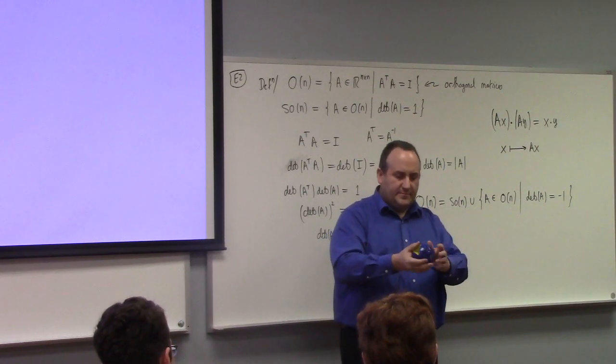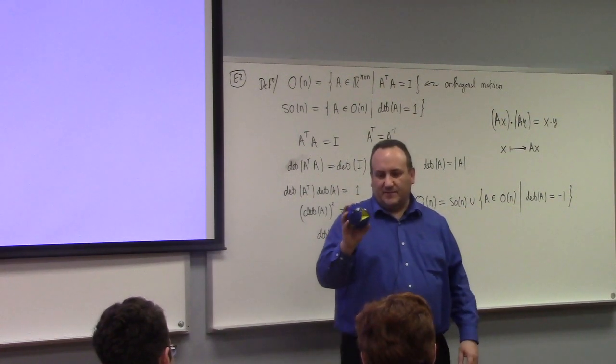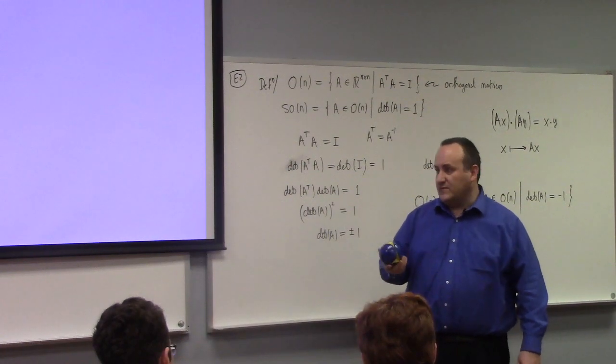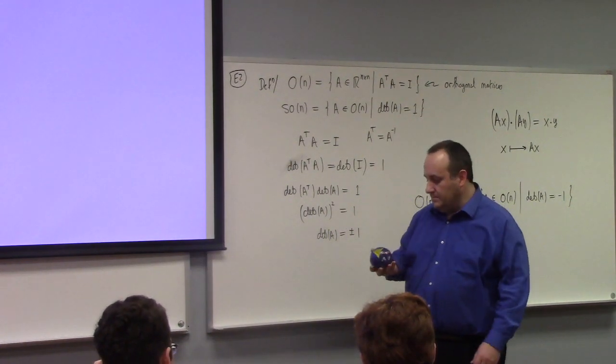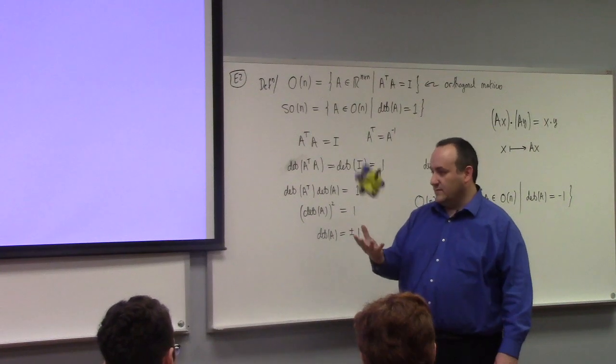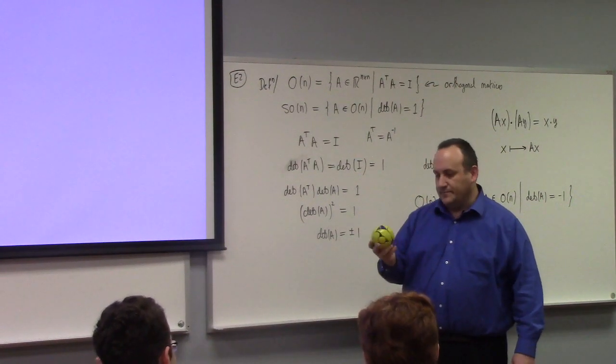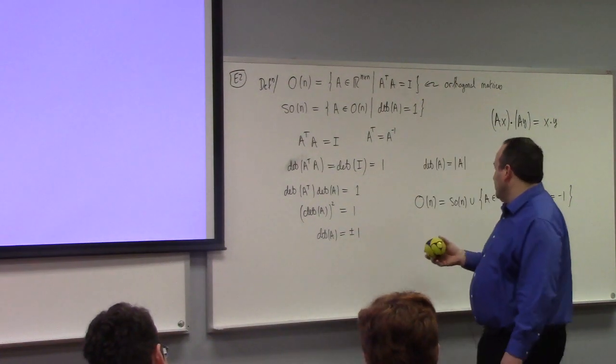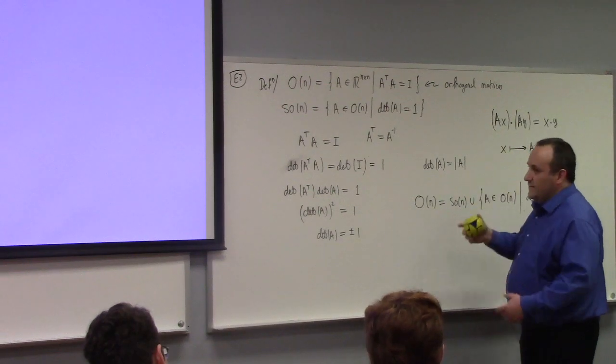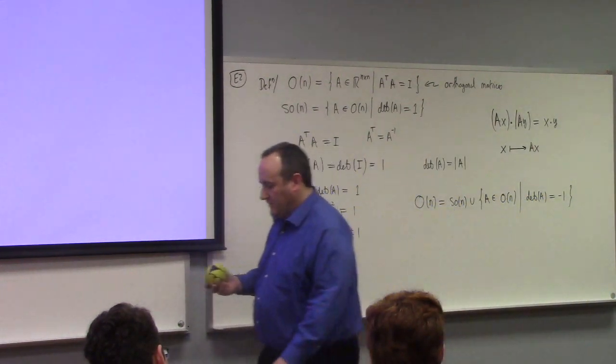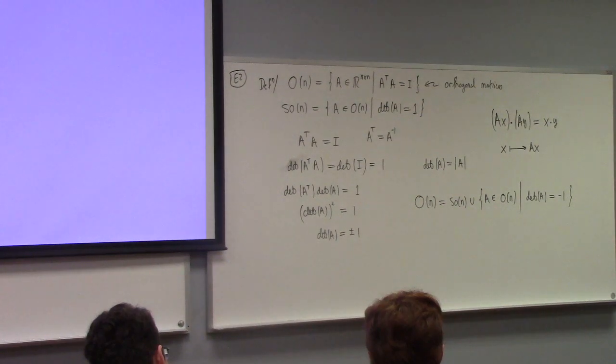So determinant -1 is not a physical motion in that sense. Determinant 1 is a rigid motion, a motion that keeps things rigid. Determinant -1 is things like inversion, reflection. Anyway, so there's that.